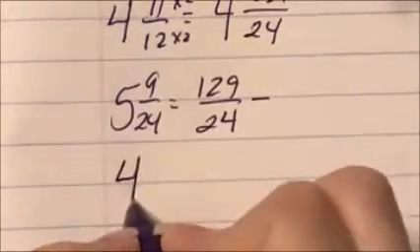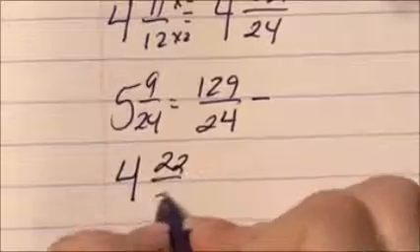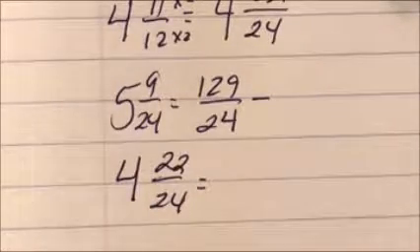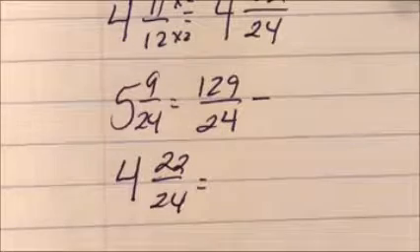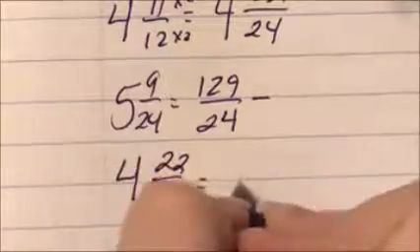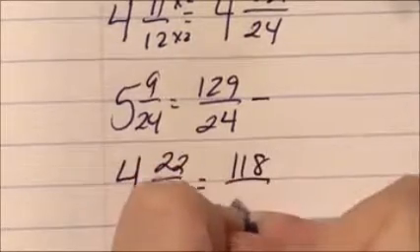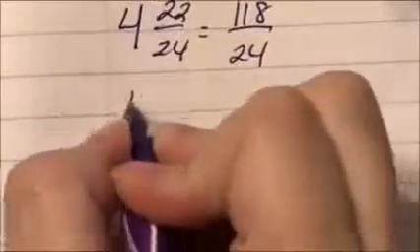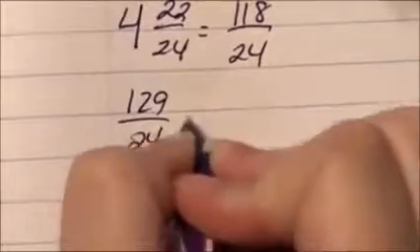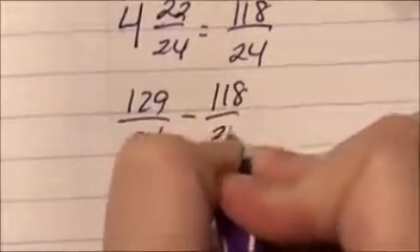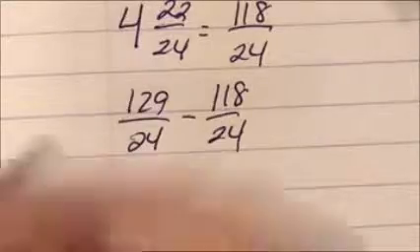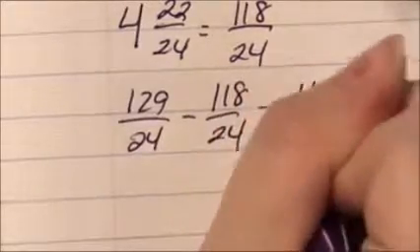And then 4 and 22/24ths: 24 times 4 is 96, plus 22 is 118 over 24. So now I have 129/24ths minus 118/24ths. 129 minus 118 equals 11.